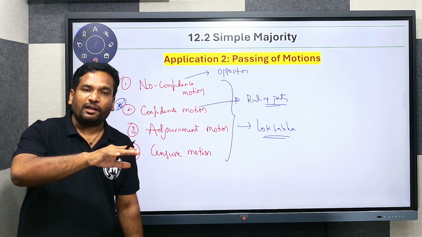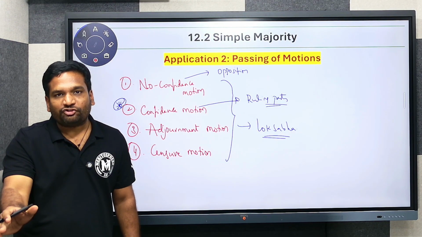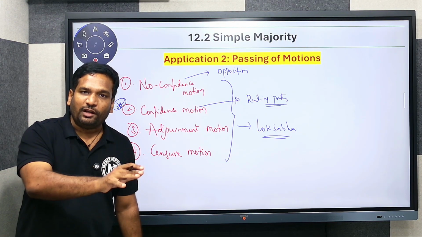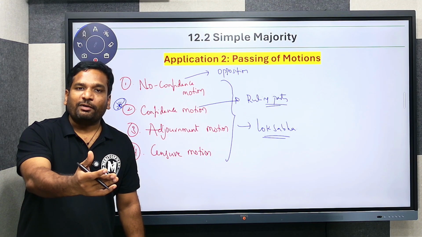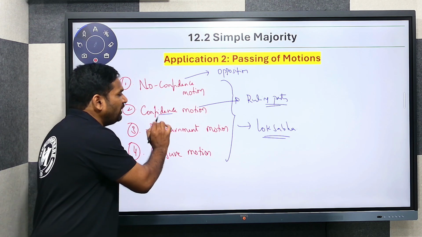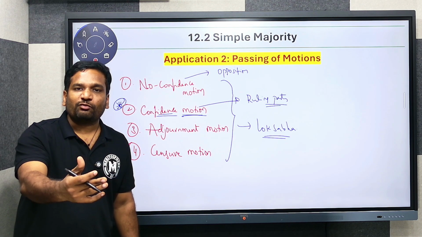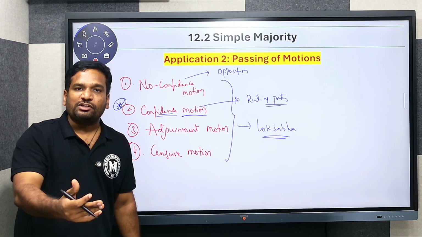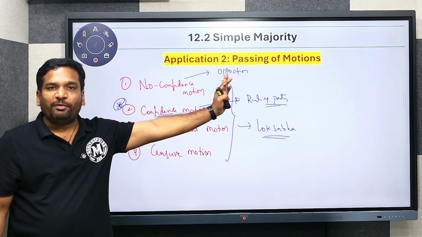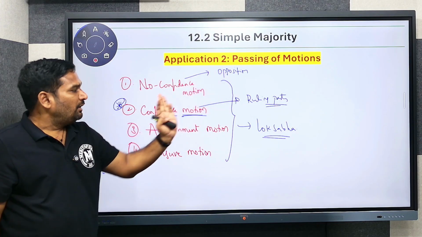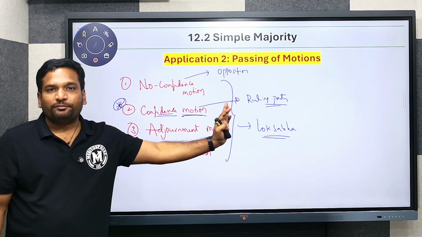Whenever a party comes out of the coalition, it is the responsibility of the ruling government to prove its majority in the Lok Sabha. That is known as confidence motion. So the no confidence motion is the tool of the opposition party, whereas the confidence motion is put forth by the ruling government or ruling party, right?